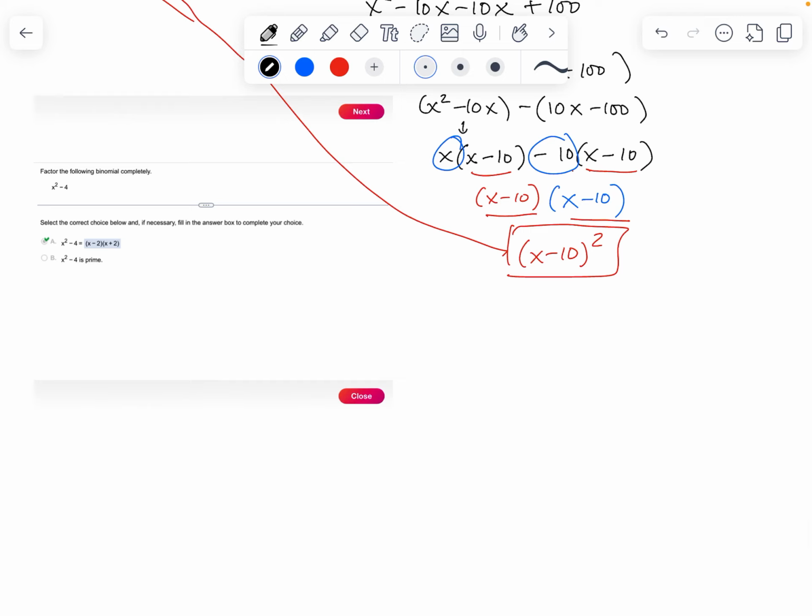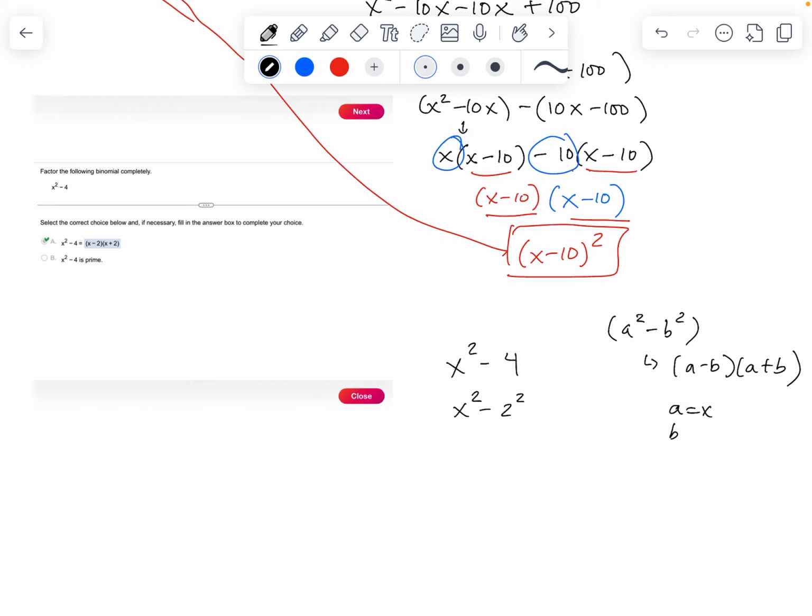Then over here, the last one, we have x squared minus 4. We have a formula that says a squared minus b squared yields a minus b times a plus b. So with a being x, can we write this as this, right?